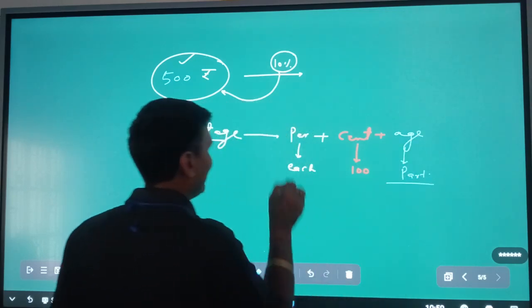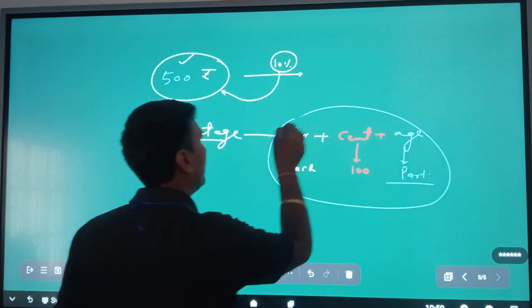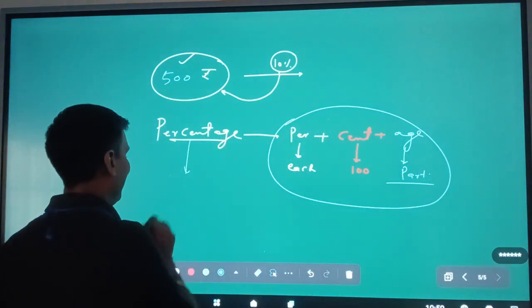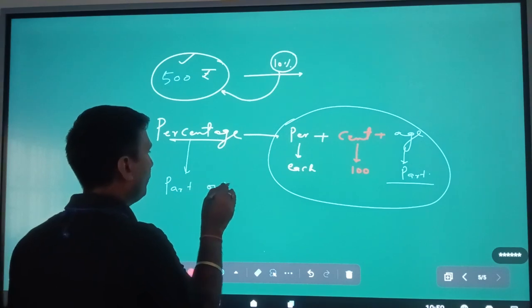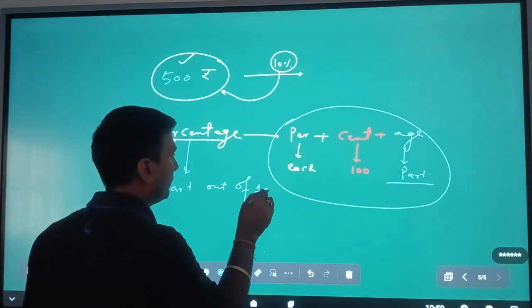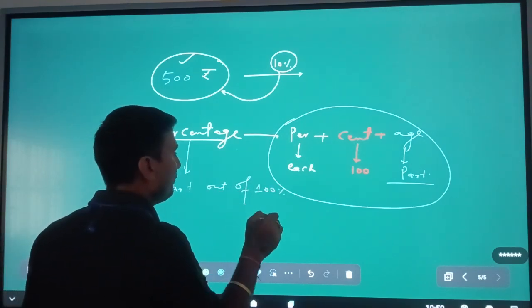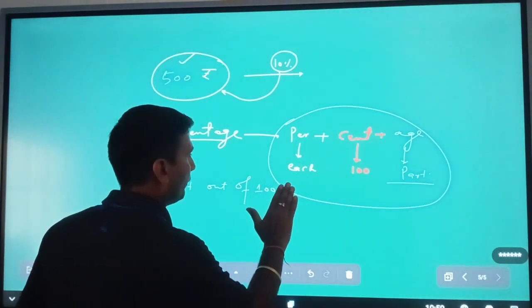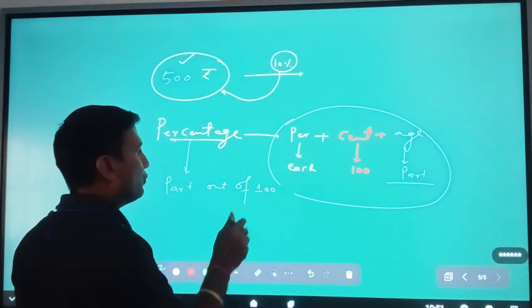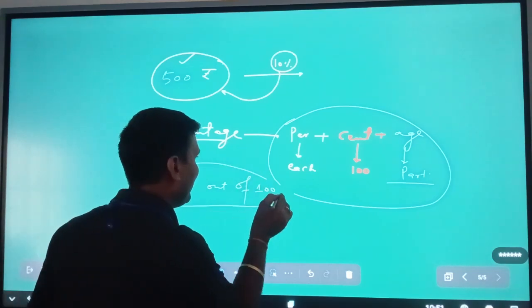So in a single statement we can define percentage as part out of 100. It means if you are taking any part out of 100, you are taking a percentage.